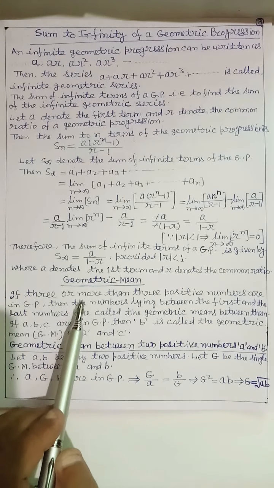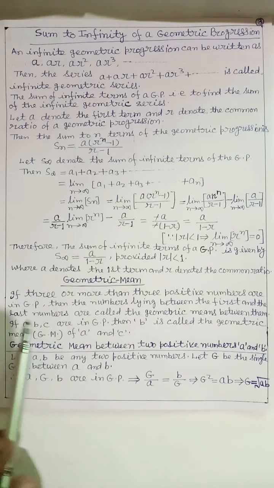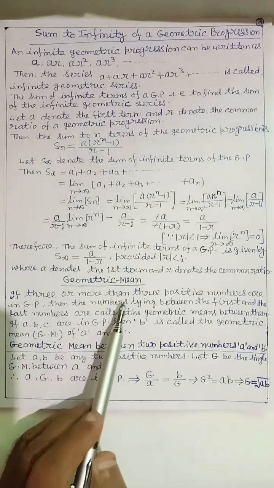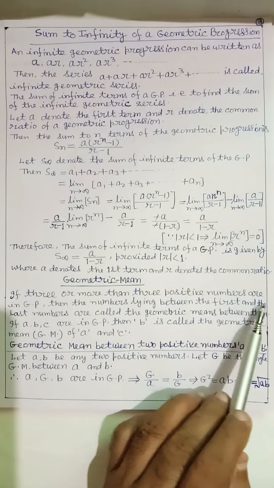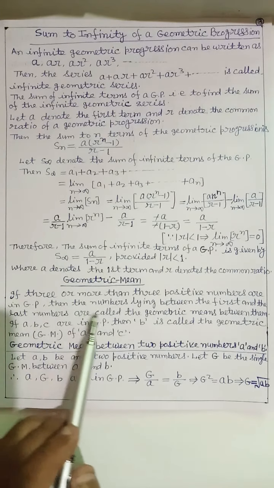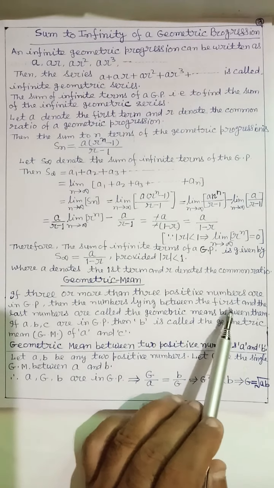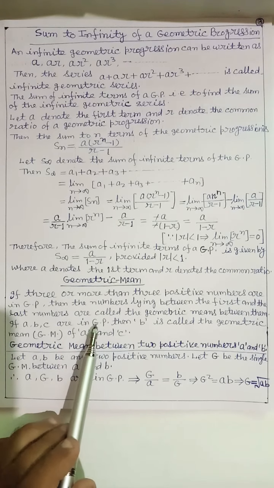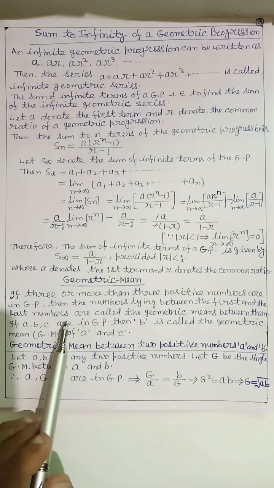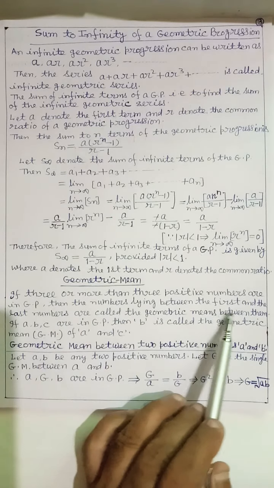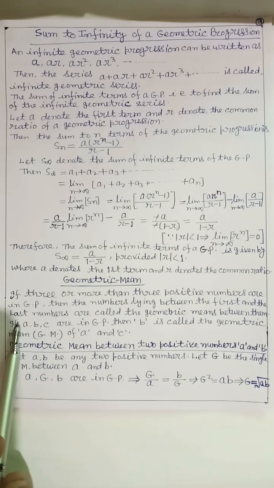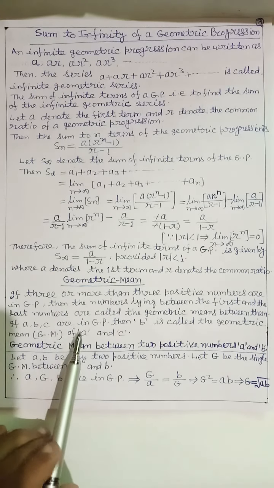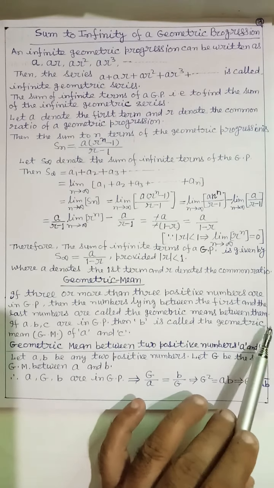Now we discuss geometric mean. If three or more than three positive numbers are in GP, then the numbers lying between the first and the last term are called the geometric means between them.